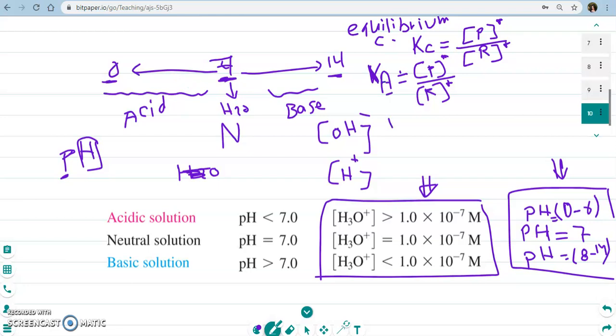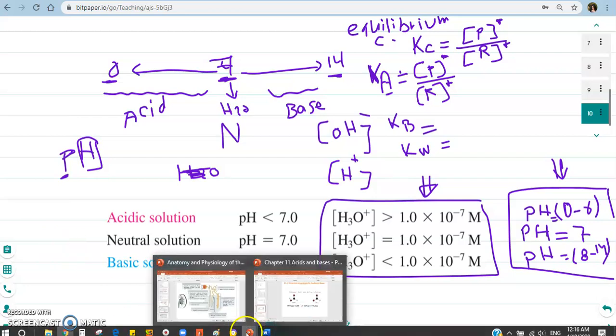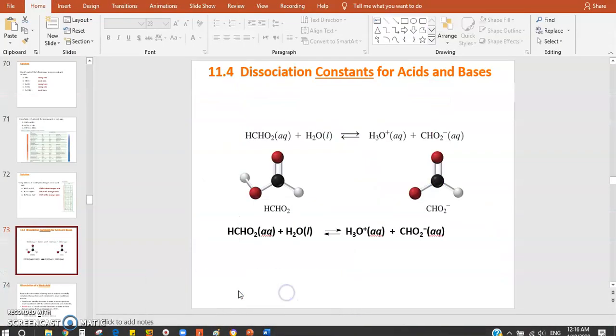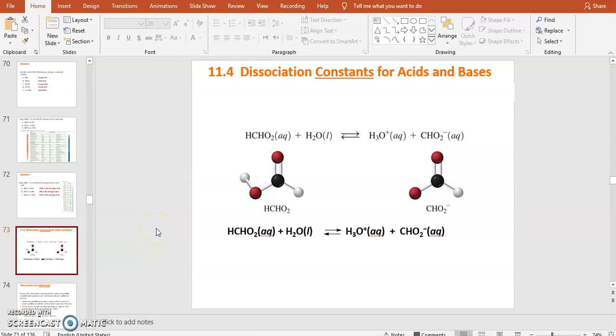If we're looking for the constant for the base, it will be this way. Also the same form. If we're looking for the constant of the water, it will also be the same. So we'll dissociate them and see how we can write down these constants, and of course how to calculate them.